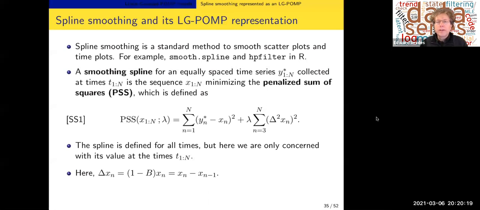So we want to show that this is the same as SS1. And we're also going to claim that SS2 and SS3 has an LG-POMP representation. It's not quite immediately an LG-POMP, but it's a little exercise to build something that is exactly an LG-POMP. So let's do that.